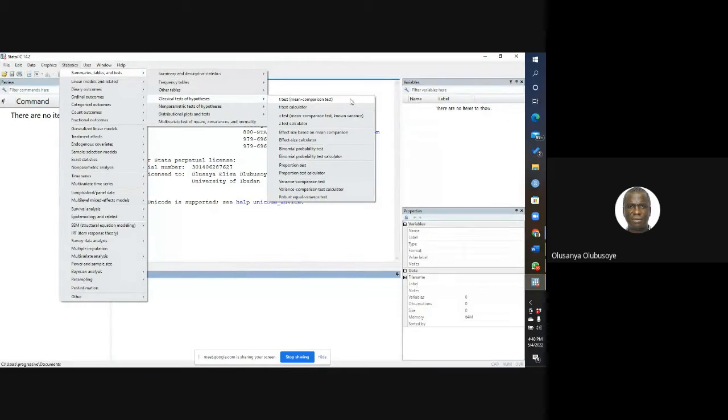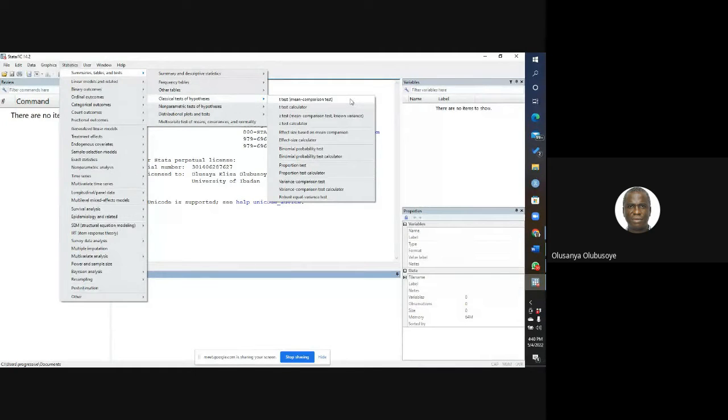But the point I'm making is, even if you use the T that we are going to use now, if you use it for a large sample, it will approximate to normal, and the result will not make any difference. Okay, sir.